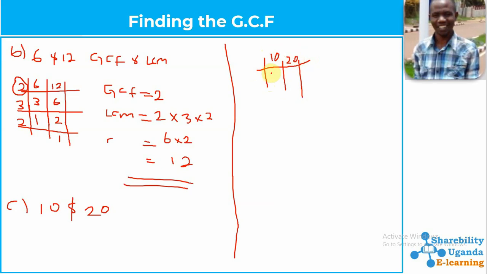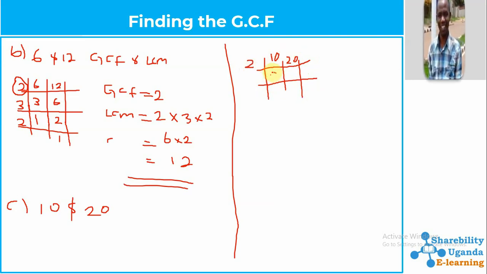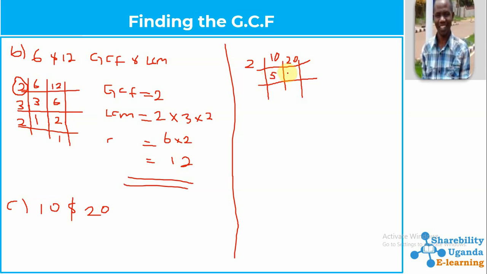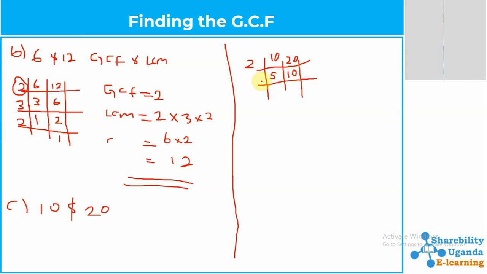Now here we look for the number that can divide both of them. We have a 10 and 20. Let's use our 2. By 2 here we get 5, then by 2 here we get 10. Now we look out for the number that can divide both of these numbers. Our 5 can divide the 5 and also the 10.